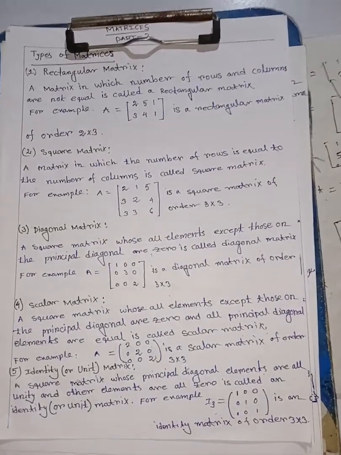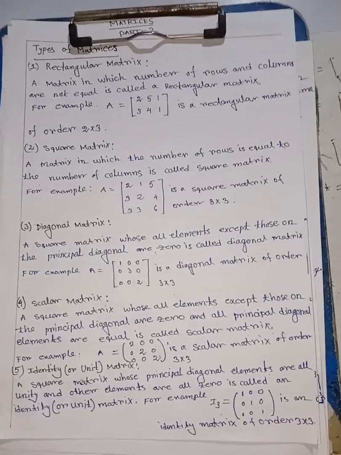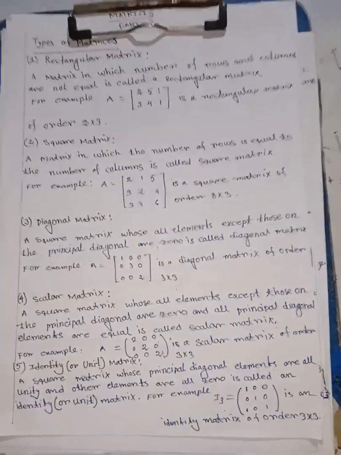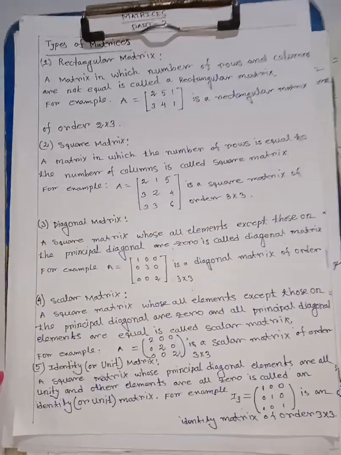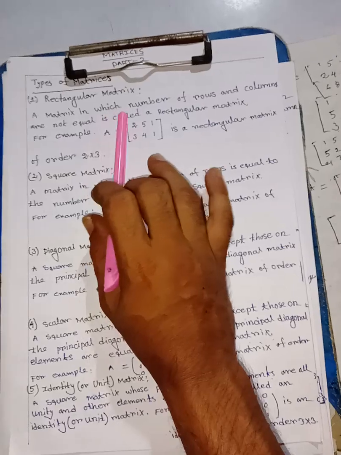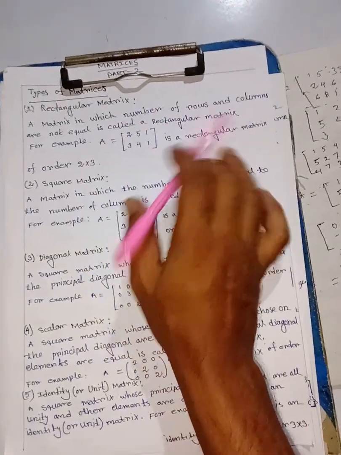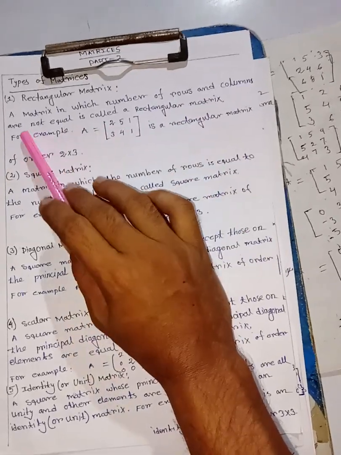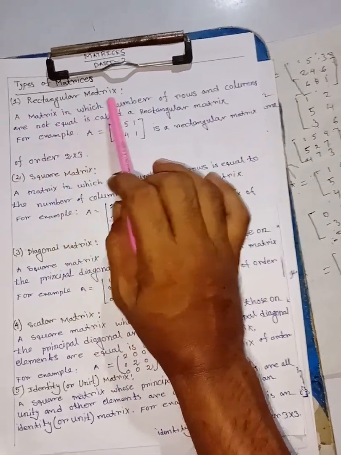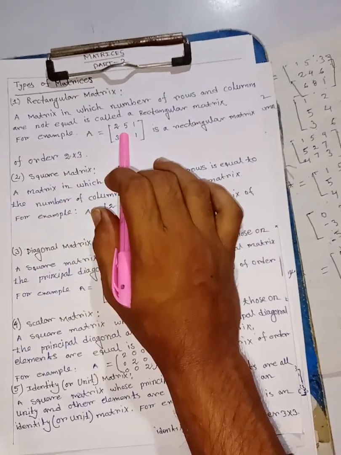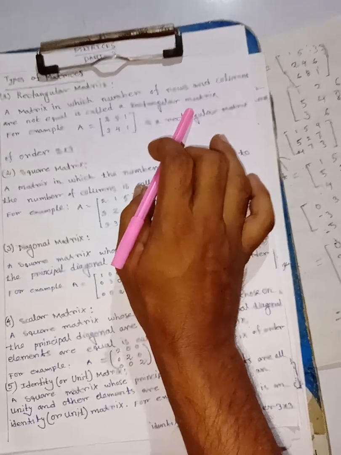Matrix Part 2, Types of Matrix. First, definition of rectangular matrix. A matrix in which the number of rows and columns are not equal is called a rectangular matrix.